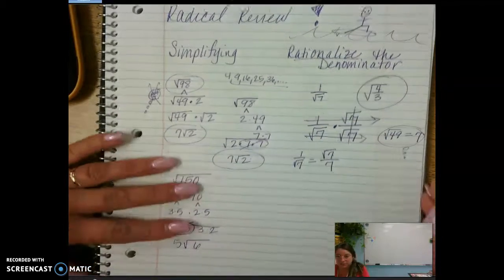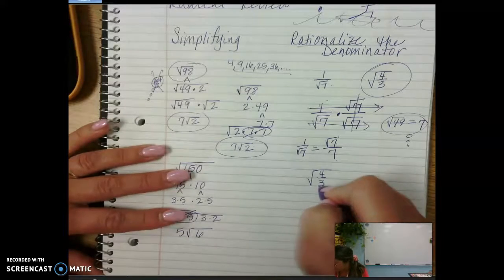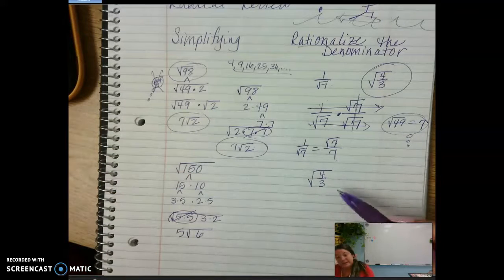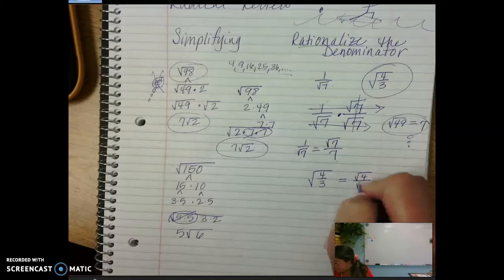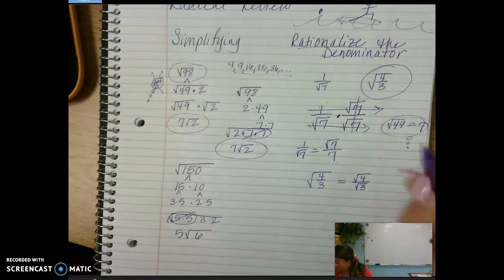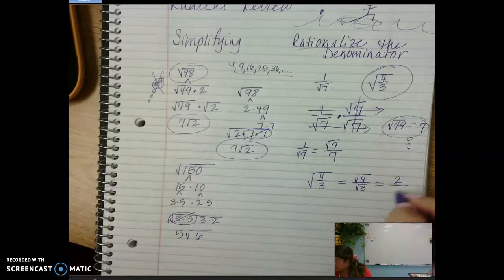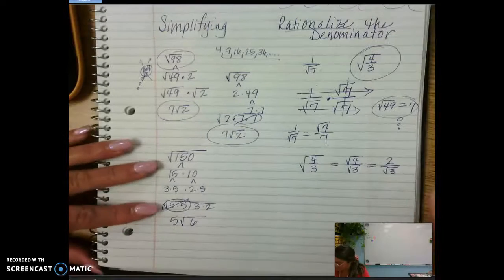So let's do root 4/3, or the square root of 4/3, okay? So when you have a fraction like this, you want to pull it apart. You're going to do the square root of the numerator and the square root of the denominator. Now the nice thing is I know what the square root of 4 is, right? This is a 2. The bad thing is I now have this root 3 in the denominator, so I'm going to have to rationalize it all over again.